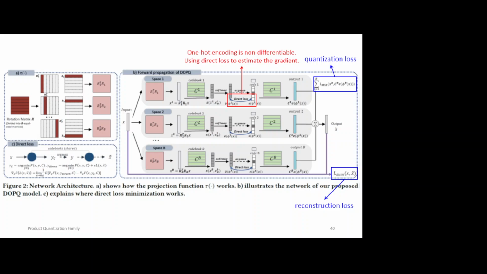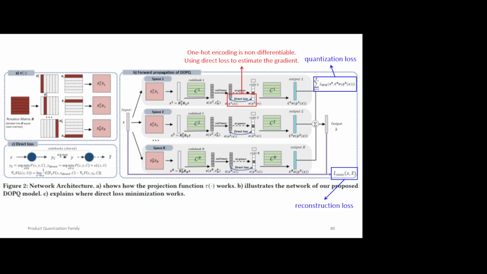And we hope the reconstruction should be close to your original X. So here is the quantization loss. And there is another loss called the reconstruction loss. The reconstruction loss is we just sum all the blocks, and in total we have B blocks.